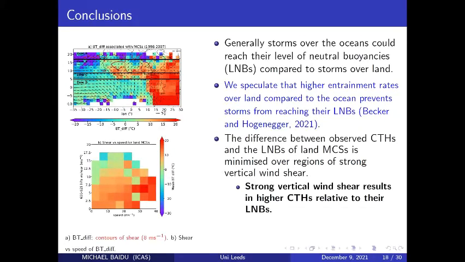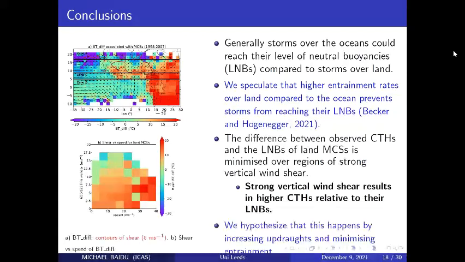So the key finding from this particular part of the work is that a strong vertical wind shear results in higher cloud top heights relative to their level of neutral buoyancy, which we hypothesize happens by increasing the updrafts and minimizing entrainment.